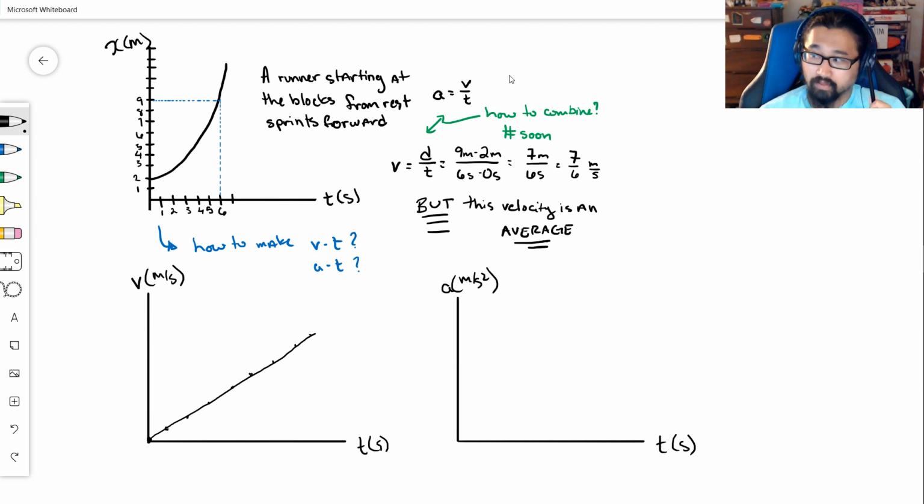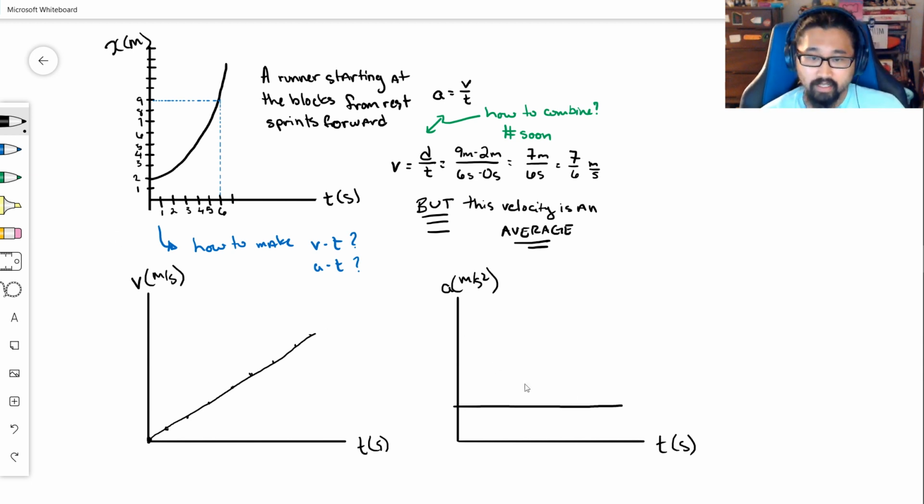The acceleration is how velocity is changing over time. Well, for each moment, velocity is changing the same amount. So every second, velocity is changing the same amount, which means the acceleration is going to be a constant.